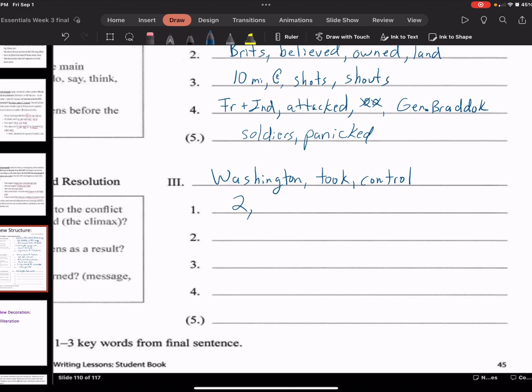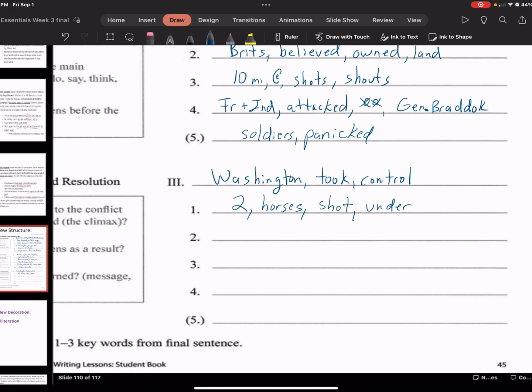Two horses shot under. Okay, and then it says that, where did it go? Musket balls and arrows, right?